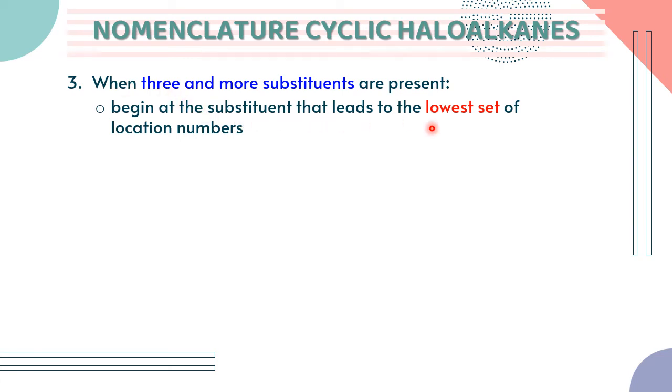When 3 or more substituents are present, we begin the numbering at the substituent that leads to the lowest set of location numbers. So easy, find the lowest combination number. For example, I have this structure. One carbon has 2 substituents, the other one has 1. So we're going to start from this one, because it will give us the lowest combination.